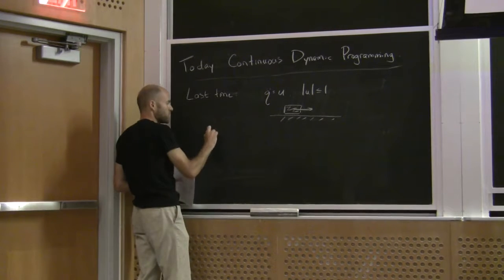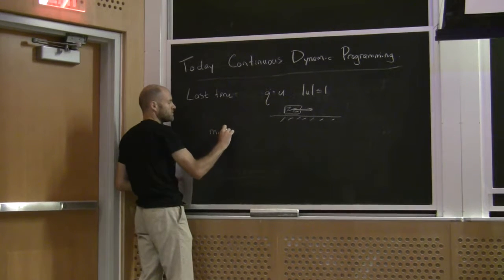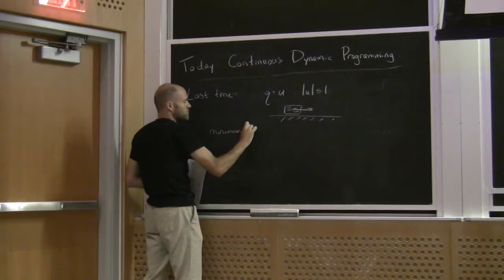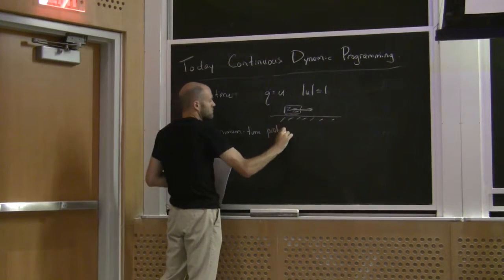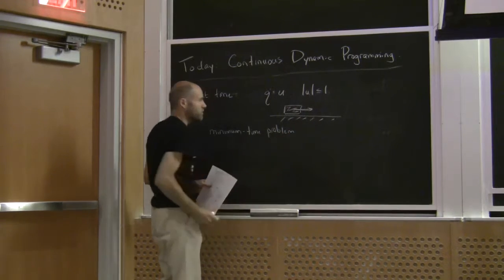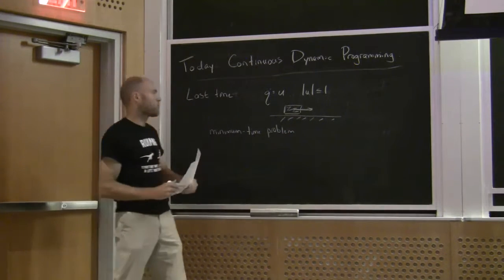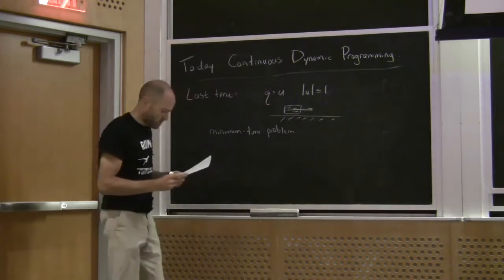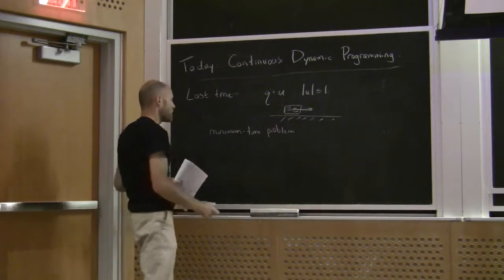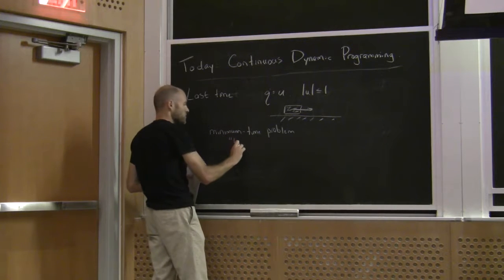We talked about the minimum time problem. So apply some force, given your force limits, that gets you to the origin in minimum time. And we found the bang-bang control.